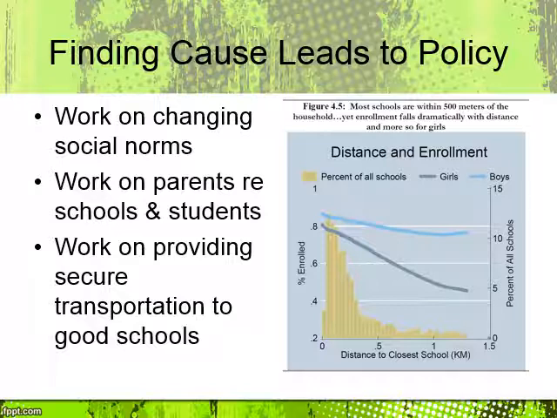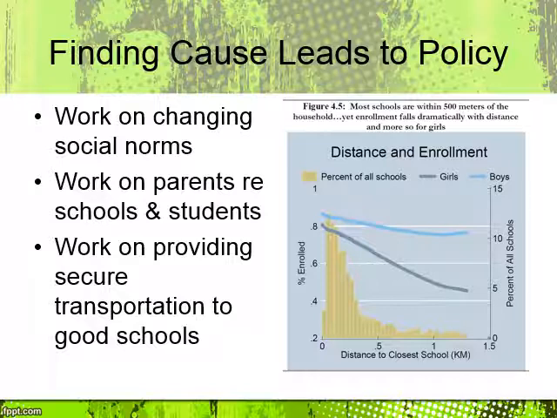And so if distance is the cause of the differential enrollment, then work on changing social norms would not be effective in terms of improving child enrollment. And similarly, work on educating parents about the students' abilities and schools would not help, according to the second hypothesis.